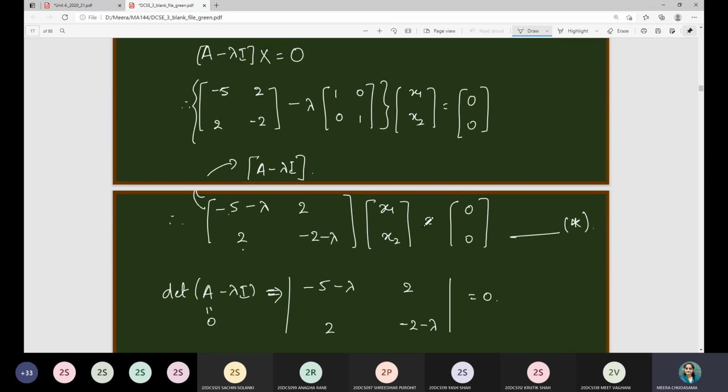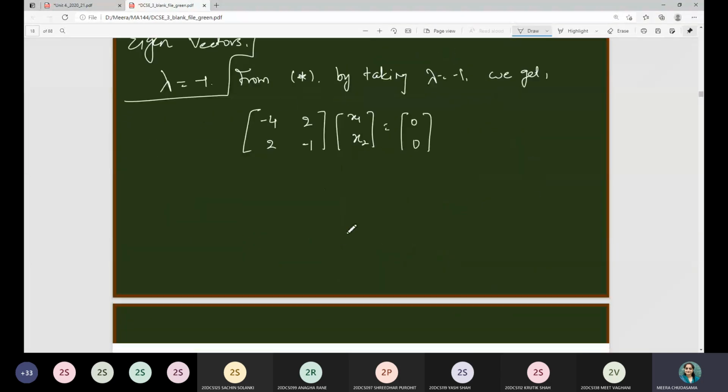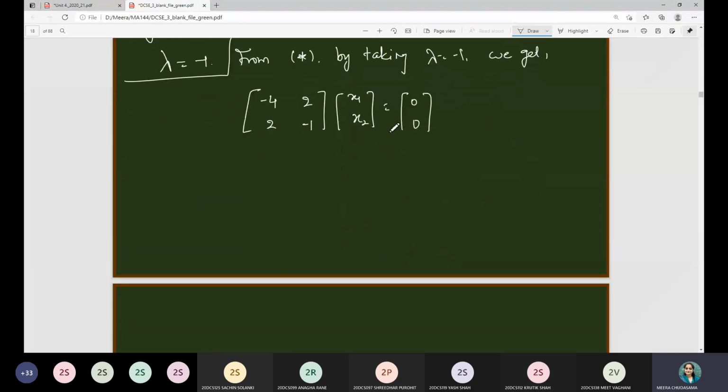Let me verify once again. Yes, -1 + 1, [-4 2; 2 -1], it is correct. Now if you multiply these two matrices, then -4x1 + 2x2 = 0. There will be one expression. 2x1 - x2 = 0. That is another expression. Right?